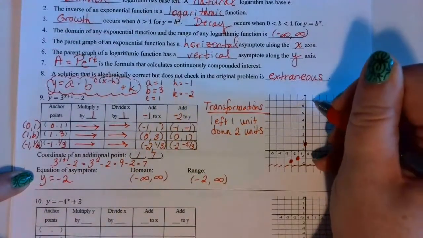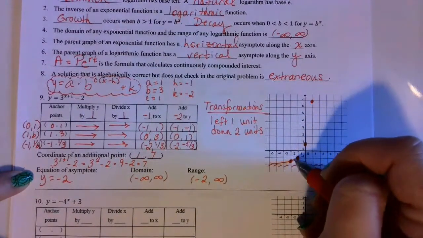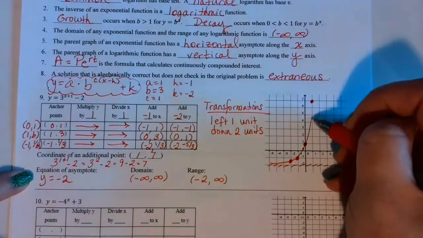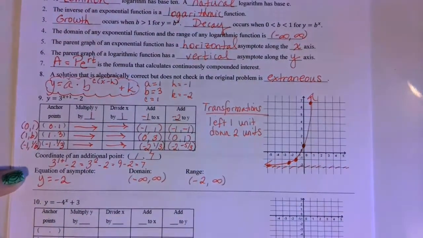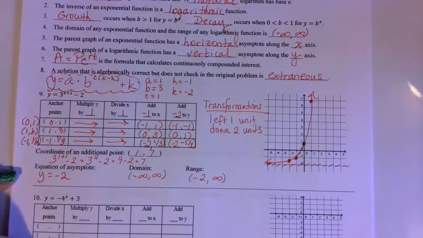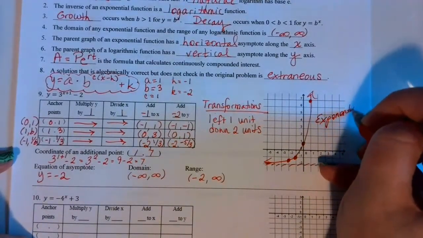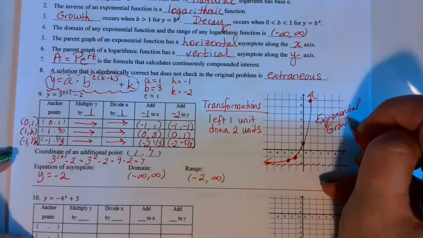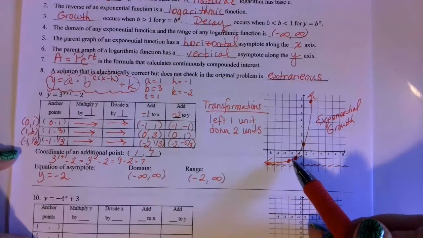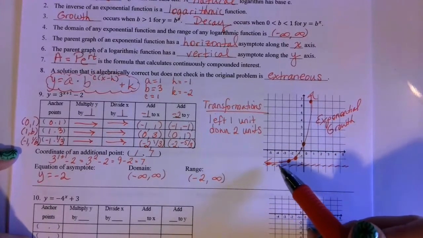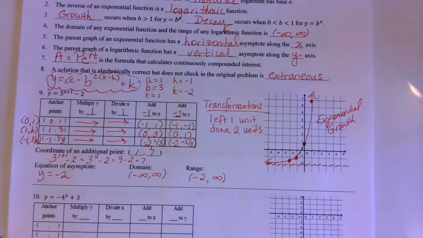So the point 1, 7 is on the graph, and then we can use those guide points to sketch our exponential growth curve. So this would be an example of exponential growth, right? The slope starts out shallow, and then in this J-curve shape, it gets really, really steep, really, really fast, and that's exponential growth.